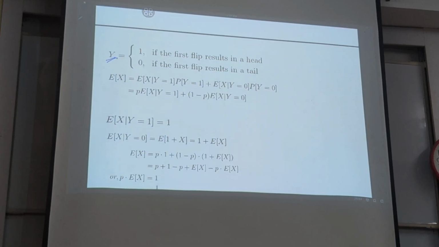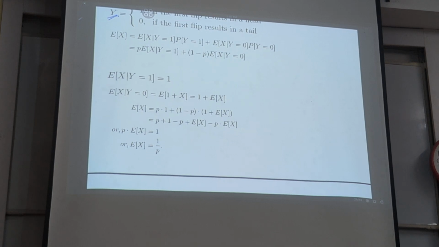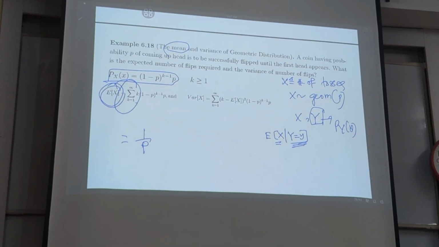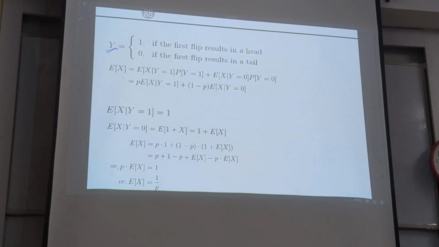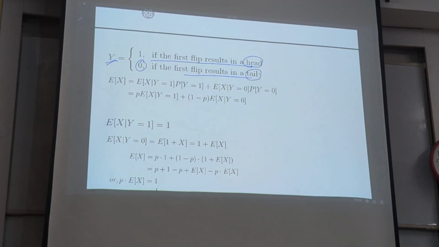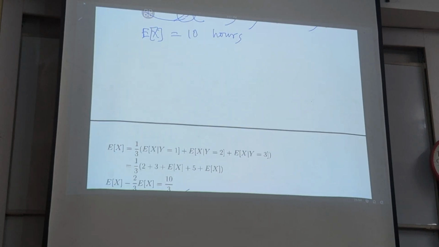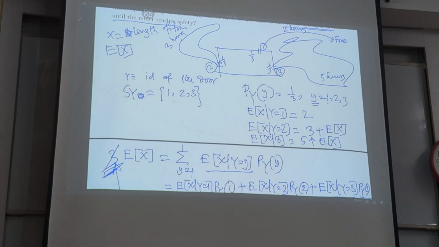Now, here we want to calculate the expected value of X. We assume an arbitrary random variable Y, and see the intelligence here. Y has a value 1 if the first toss results in a head, and Y has a value 0 if it is a tail. I think you already noticed one more thing. What is that? The value of this random variable Y is not related to the result.